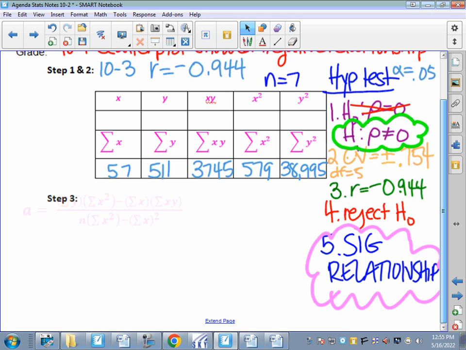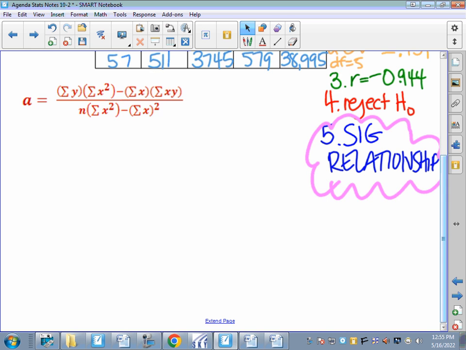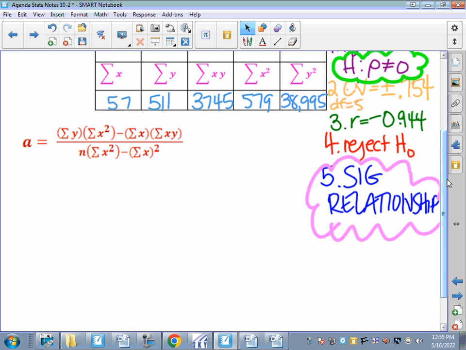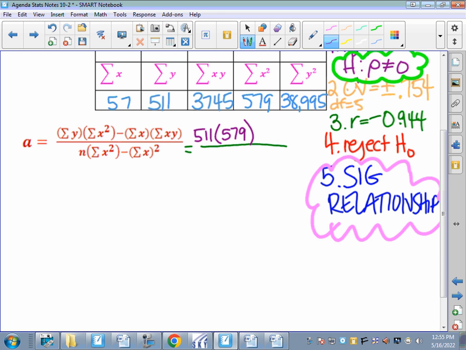So I'm going to go ahead and find my a and b for my y equals a plus bx. I've got all my sums here, so I'm going to start plugging these things in. So a is equal to... and you can do this, right? I'm going to go ahead and hit pause.